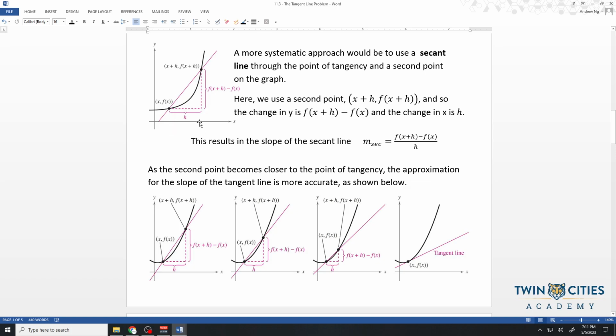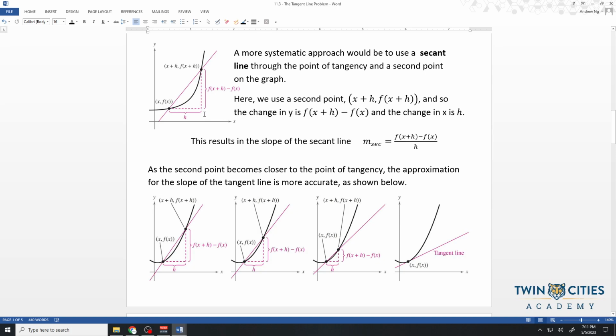So to find the slope between these 2 points, I refer to my slope formula, the change in y over the change in x. The change in y would be this height, the difference between them. That would be f of x plus h, because remember, this is now x plus h units away to get to my second point, minus f of x.